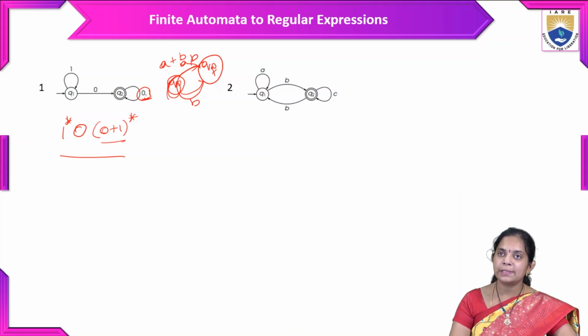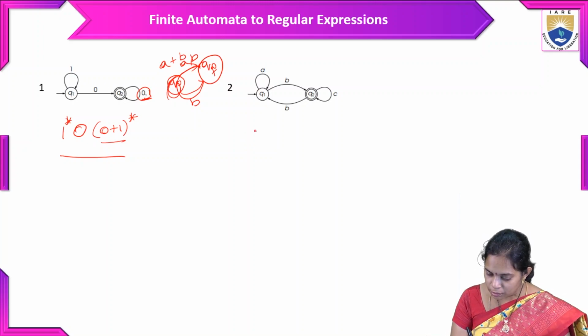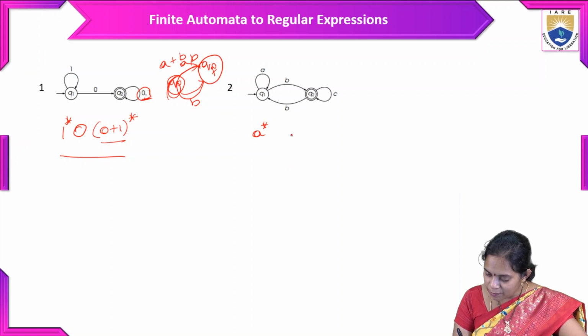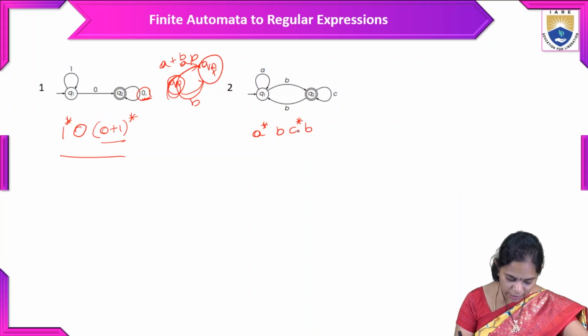And coming to the second example. Here A star is there. The A self loop we can write as a star, and B is followed by C. So B is reaching the C final state, with C star, and also we have the B. So how can we write this? Here A B C star plus A B star.